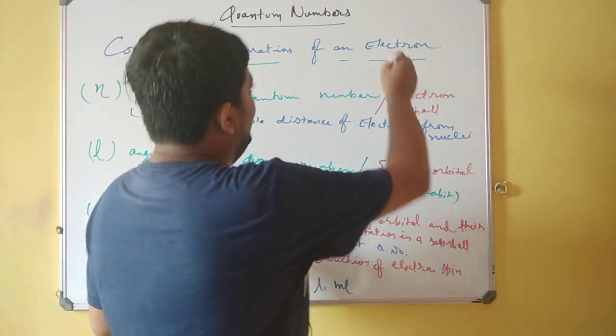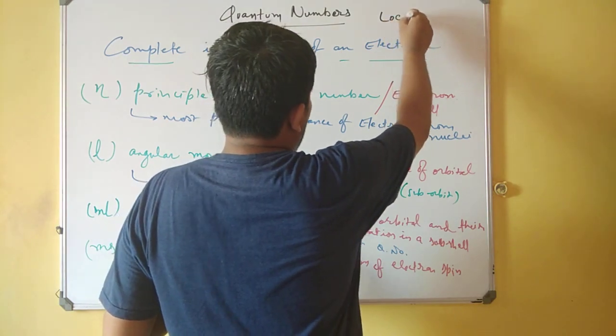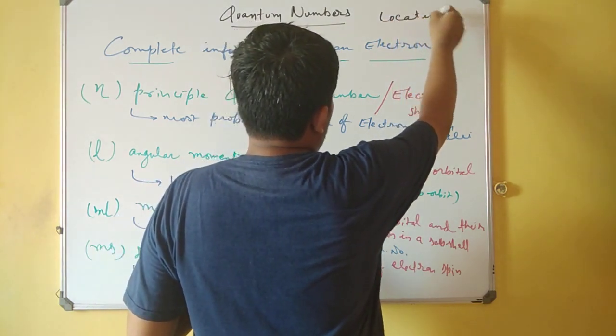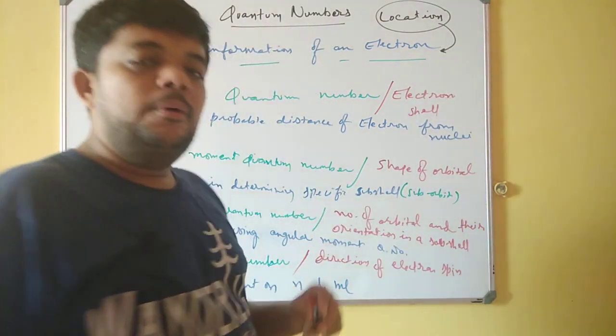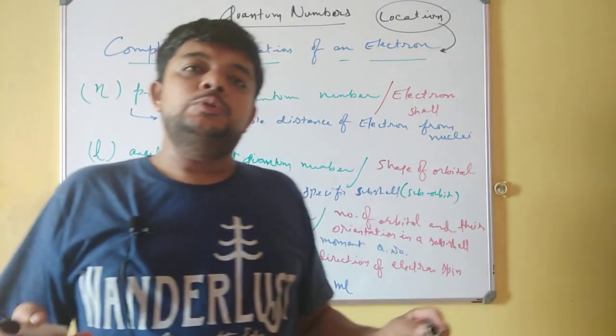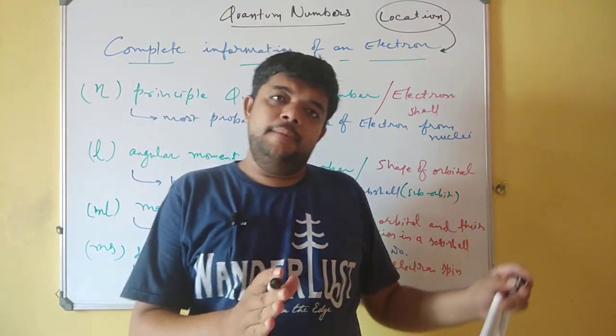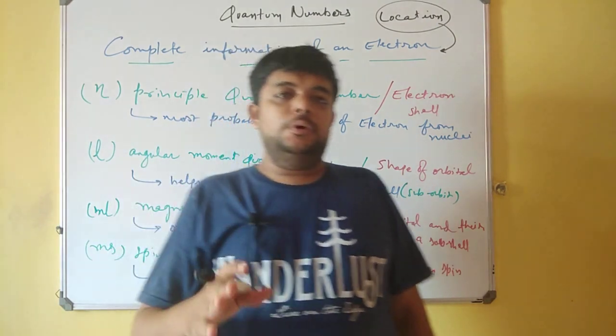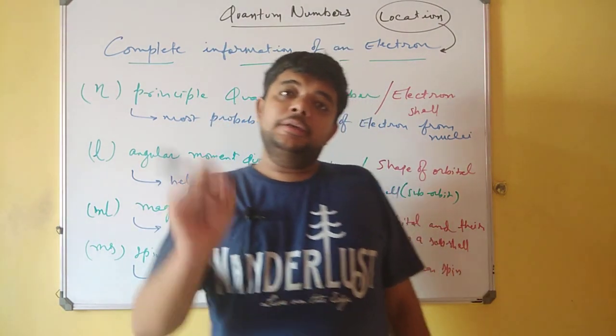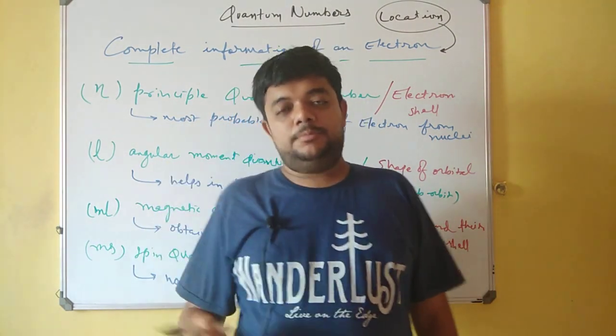If I want to know the exact location of an electron and I am aware of the values of N, L, Ml and Ms for that particular electron, I am quite sure that I can locate the electron at an exact point.